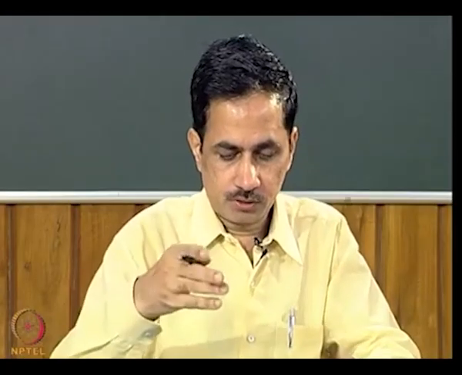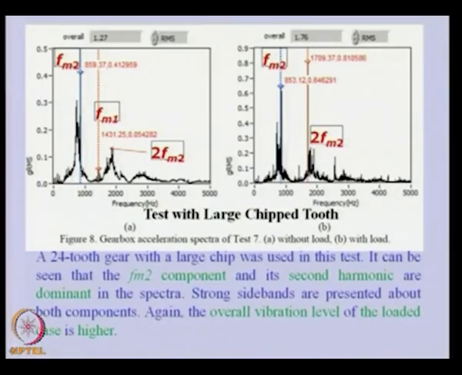Now, this particular signal is with a large chip tooth. The previous signal was for a small chip tooth. Here you can see that the 24 tooth gear with a larger chip was used in this test. It can be seen that the FM2 component and its second harmonics are dominant in the spectra.